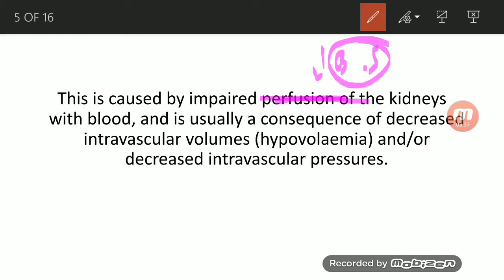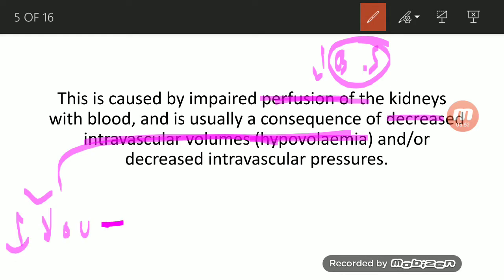This impairment of perfusion is basically because of a decrease in your blood volume, that is hypovolemia, which means a decrease in the volume of your extracellular fluids, as well as a decrease in your intravascular pressure, that is a decrease in your blood pressure.